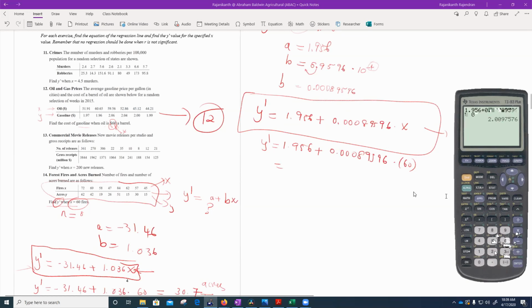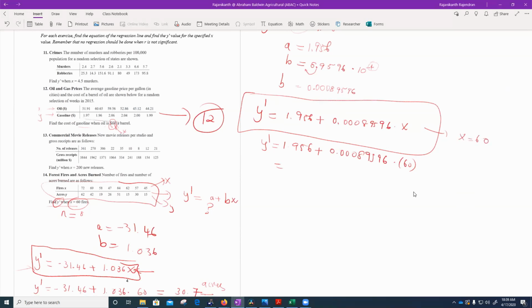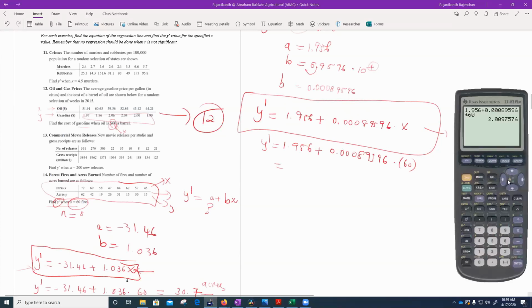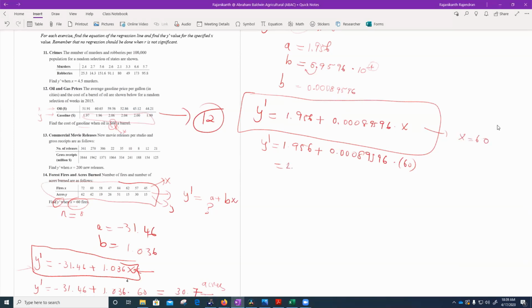Let us write it in two decimal places because you see all the numbers here in two decimal places. That is 2.01, right? So that is the gasoline price. Then you look at $60 a barrel.